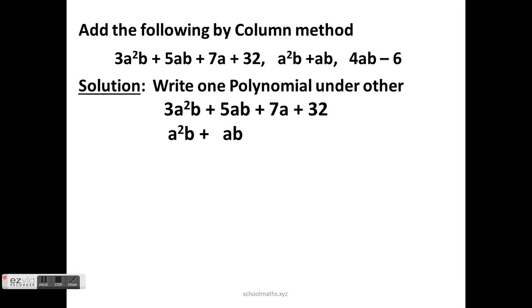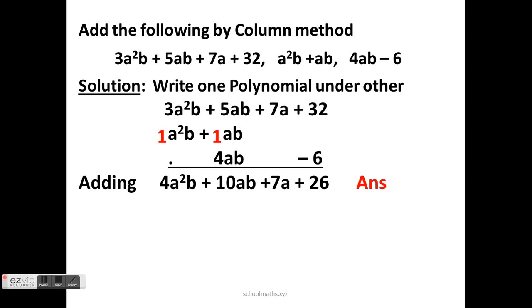Okay. Now third polynomial, 4ab will come under ab, minus 6 will come under plus 32. Okay. What we are going to do? Add. Before adding, a square b means 1 a square b because there is no numerical part, so we are putting 1. ab means 1 ab.